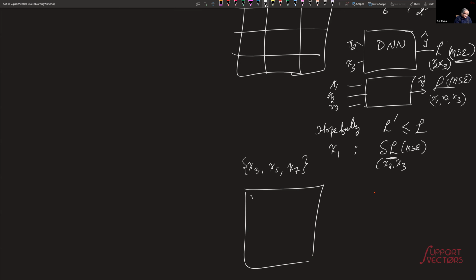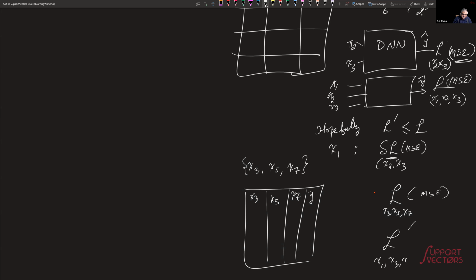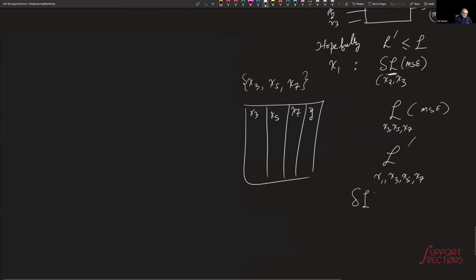So what you do now is, suppose you take this model. Your data set now is like this: X3, X5, X7, and Y. And you can play the same game, right? L3, this is made up of X3, X5, X7. Once again, you can do it with this MSE, and you can do the L prime, which includes X1, X3, X5, X7, right? Once again, this is another delta. You will come up with another delta L, which is specific to X1, but in the context of X3, X5, X7.